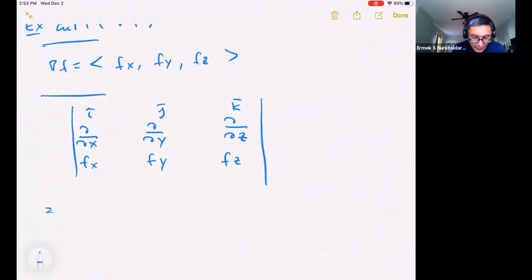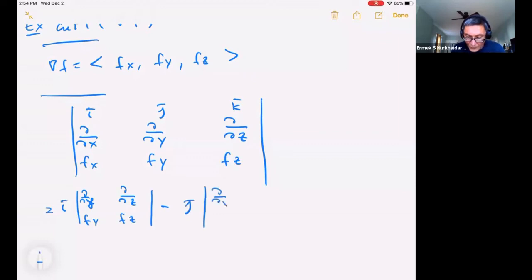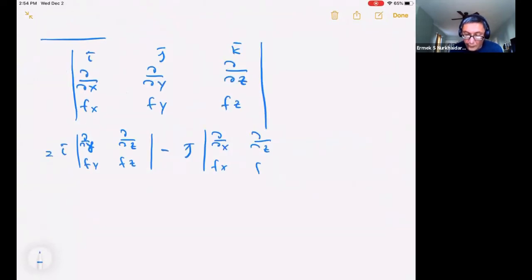So I'm going to get i times (f_z differentiated with respect to y, minus f_y differentiated with respect to z), minus j times (f_z with respect to x, minus f_x with respect to z), plus k times (f_y with respect to x, minus f_x with respect to y).